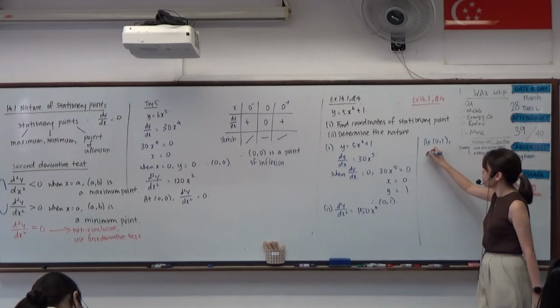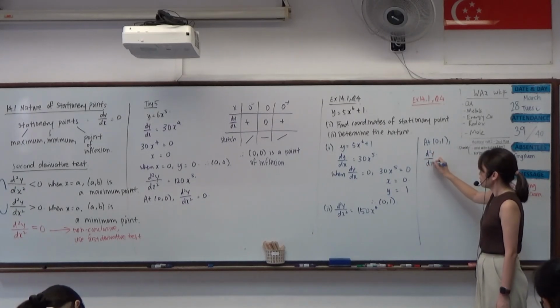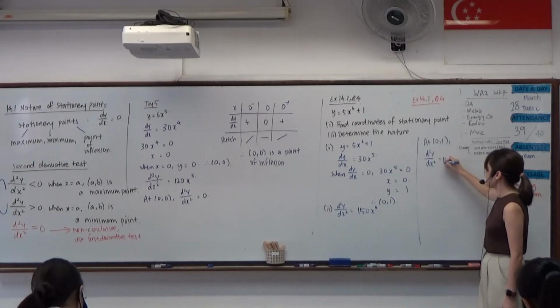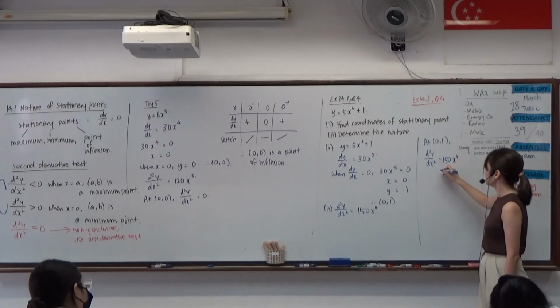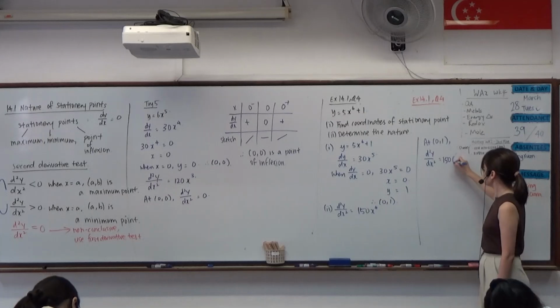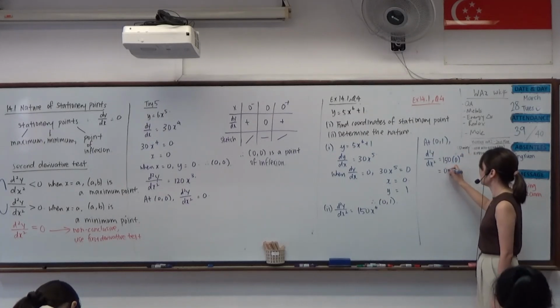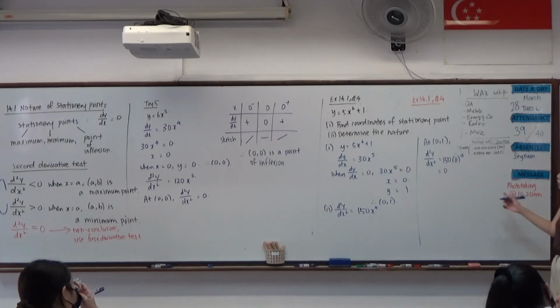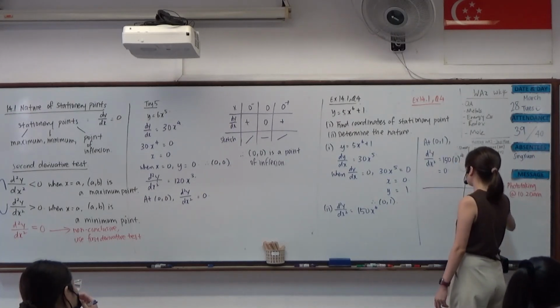At the stationary point, your second derivative would have a value of 0, and it requires us to use our first derivative test.